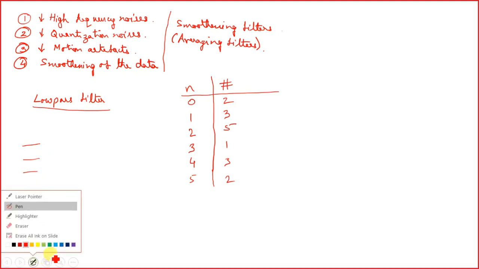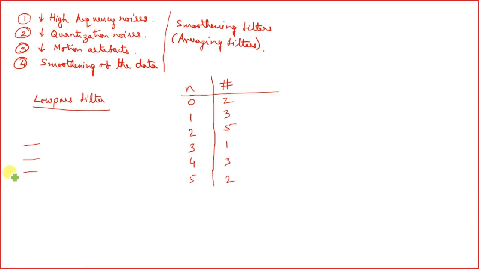Now say for example, the levels are 0, 1, 2. Now say for example, near the midpoint, say 0.5, which we cannot have in the digital signals.